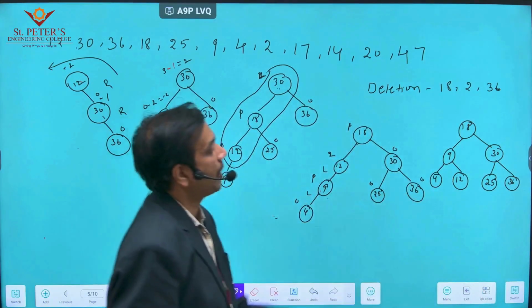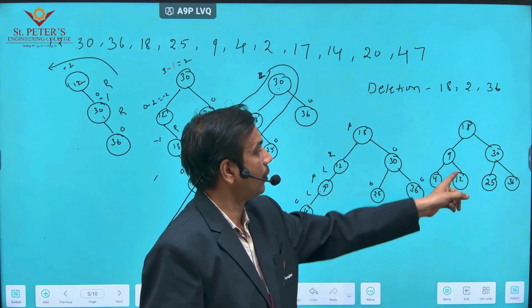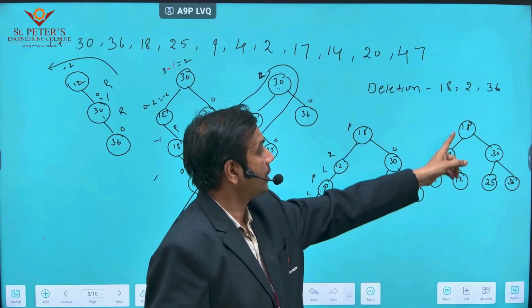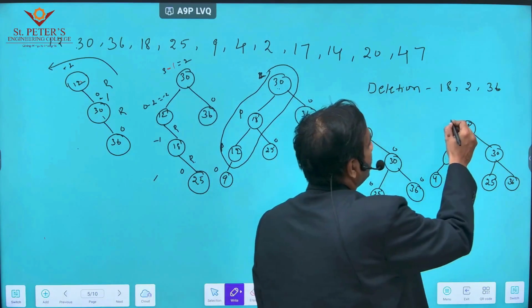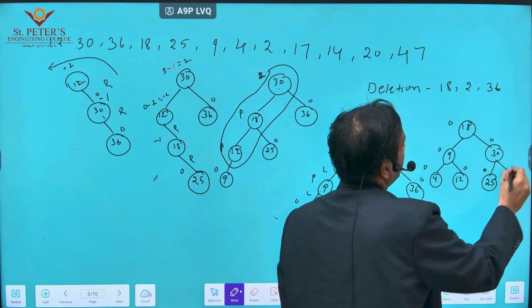Now we check the balancing factor. The height of the left subtree is 2 and the height of the right subtree is 2. 2 minus 2, 0. Similarly 0, 0, 0. It is balanced.